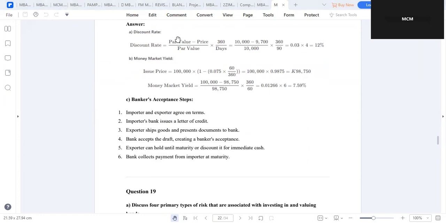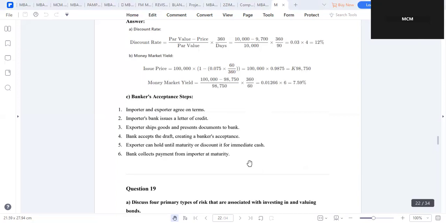Then step 2, the importer's bank issues a letter of credit. Then step 3, the exporter will ship the goods and present the documents to the bank. Then step 4, the bank will accept the draft, creating an acceptance. Step 5, the exporter will hold until maturity or discount for immediate cash release. Then 6, the bank will collect payment from the importer at maturity. So these are the steps involved in a BA.